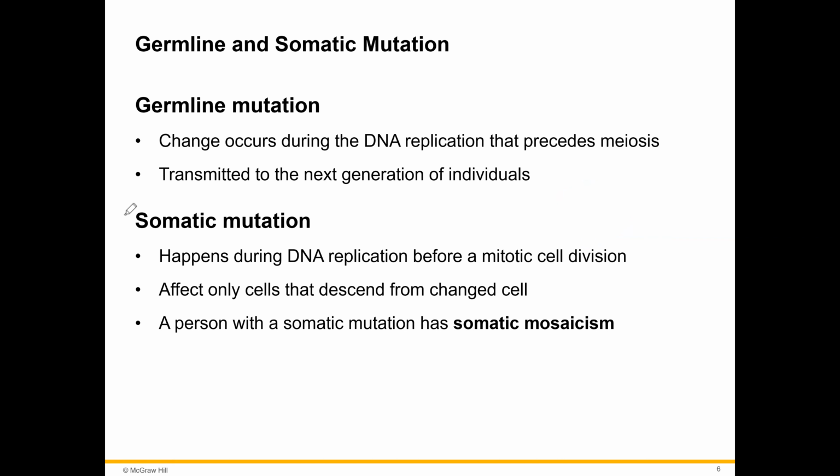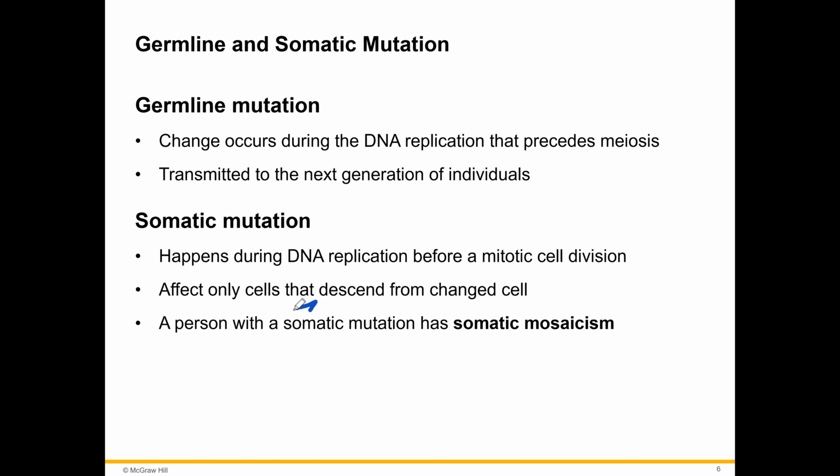Somatic mutations, however, happen during DNA replication before mitotic cell division. That's already after eggs and sperm are formed, because they form by meiosis. So if the egg and sperm don't have a mutation, and a mutation happens later during embryonic development or even in an adult organism, then it will only affect certain cells.